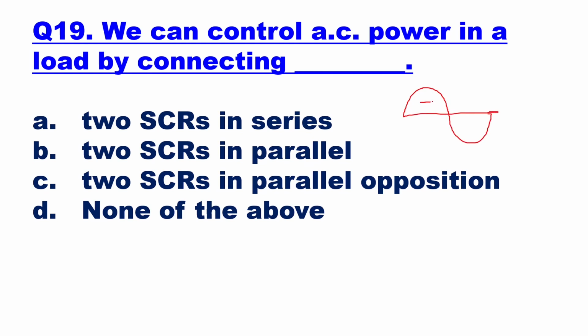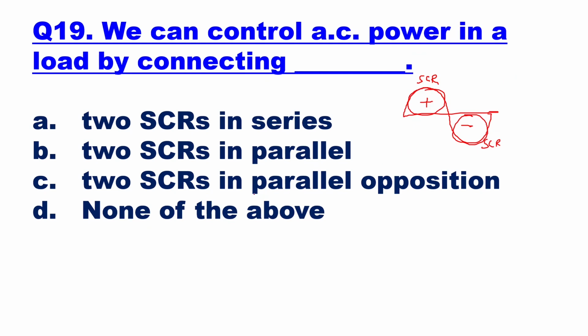The direction of the positive half cycle is different and the direction of the negative half cycle is different. If you want to control AC power, you have to control both the half cycles. So you have to put one SCR for the positive half cycle and another SCR for the negative half cycle. And these SCRs should be parallel but in opposition, because one is in one direction and the other half cycle is in another direction. So it should be in parallel but in opposition.